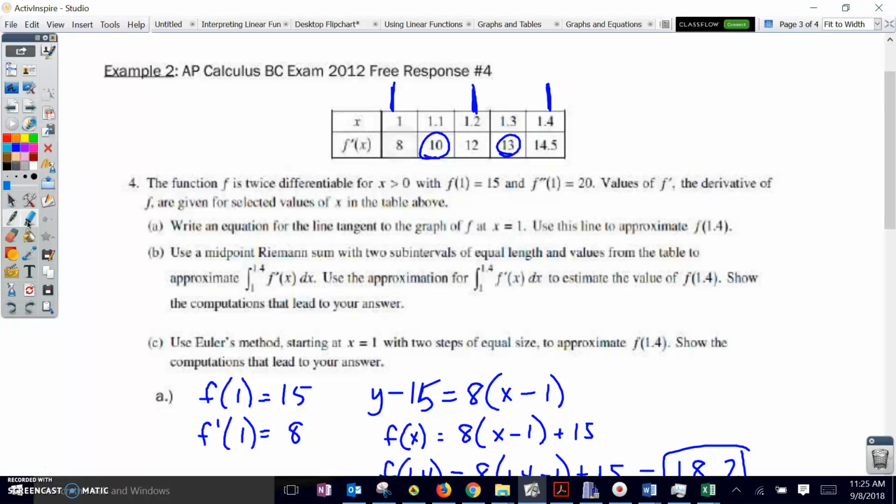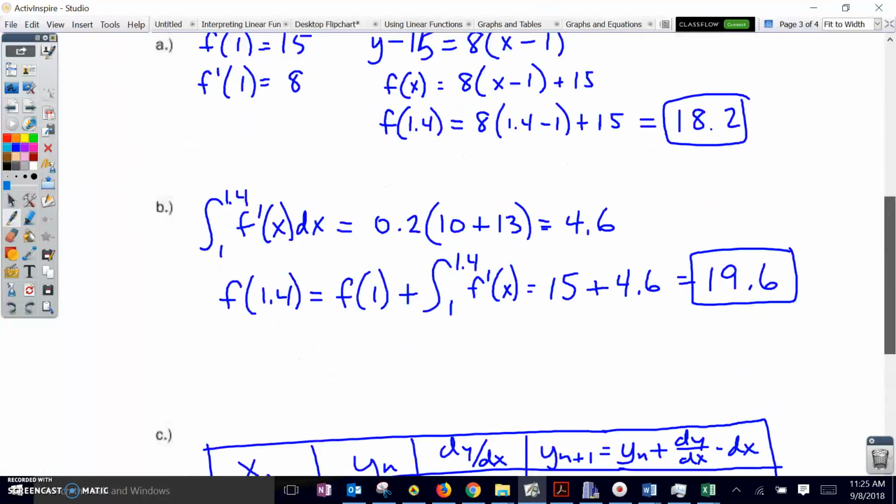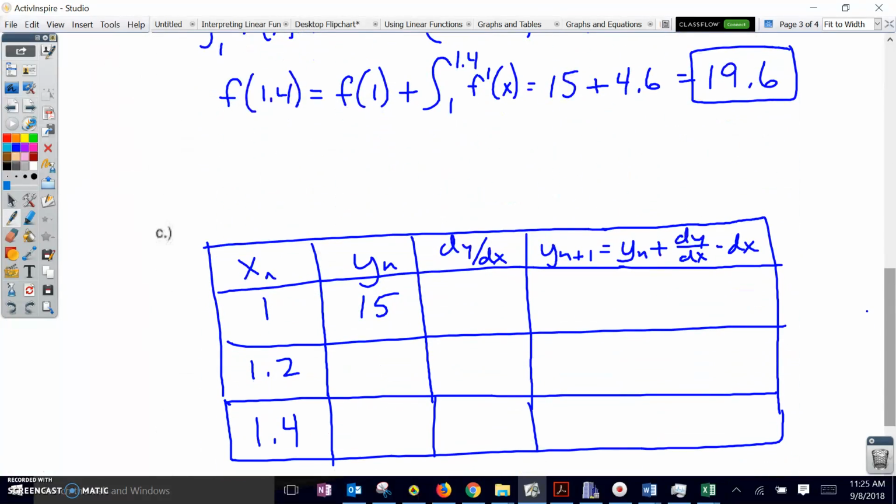That value is going to be 8. So dy dx is going to be 8 here. And so I use my old y plus dy dx times dx to get my new y. And that gives me 16.6 as my new y.